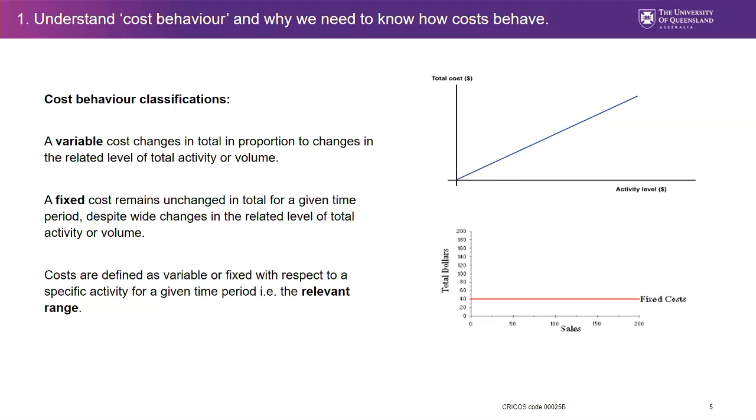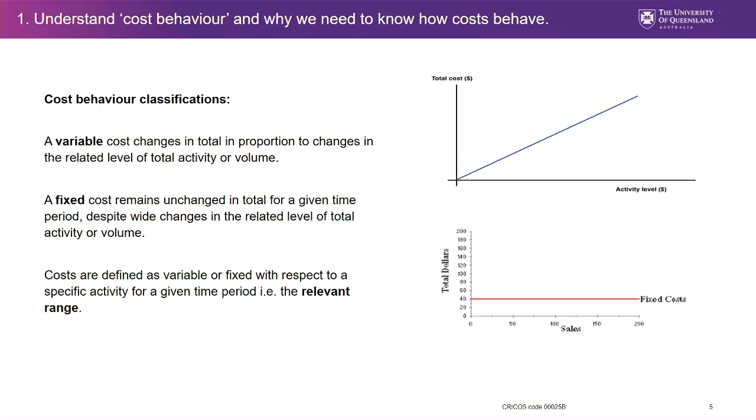Whereas a fixed cost might be, as I said, the lease on the factory. So if we create 200 computers, we only need one factory. So the lease might cost you $15,000 to lease the factory. That's fixed. Whether you create one computer or 200 computers, that's a fixed cost in total.